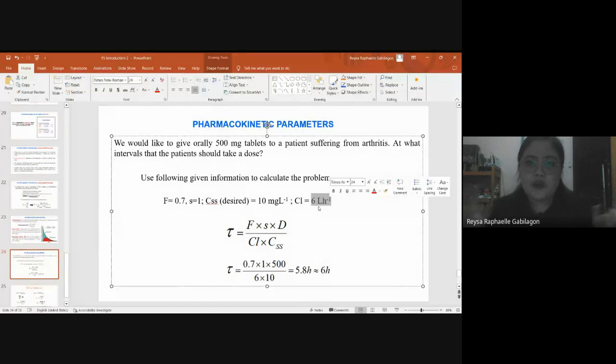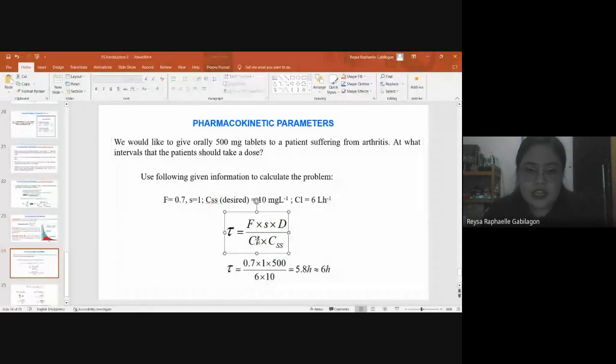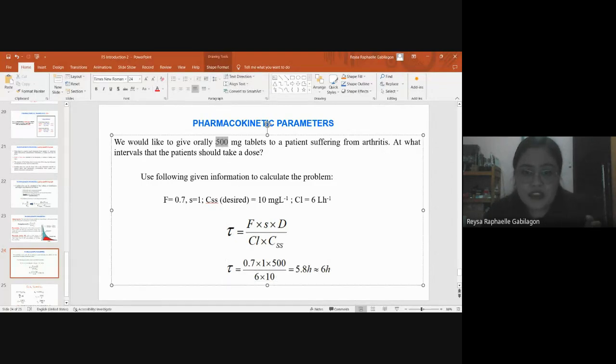So we are just going to substitute all this information here in our formula. The F again is 0.7, our S is 1, our dose given is 500 milligrams, divided by the clearance, that's 6, and then times the steady state concentration, which is 10.